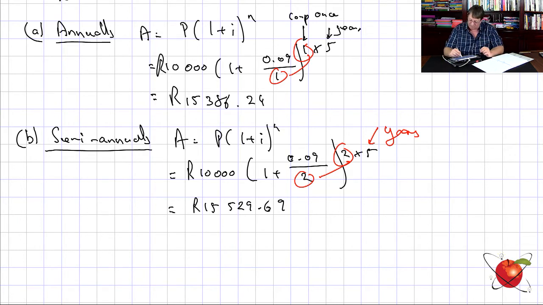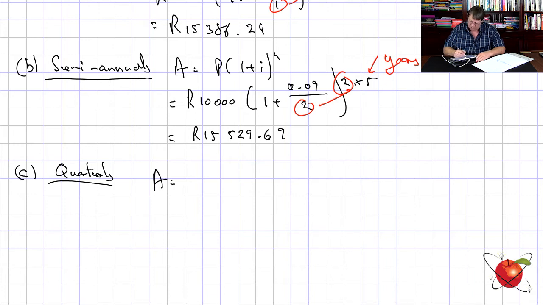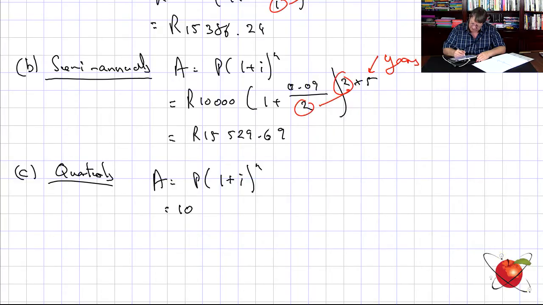Okay, C. C is quarterly. A is equal to P(1 + i)^n. But now I'm doing it quarterly, so my rate is changing because I'm quoted per annum compounded quarterly. Remember, I'm given the nominal rate. The nominal rate was my 9%, isn't it? 10,000, 1 plus, there it is.